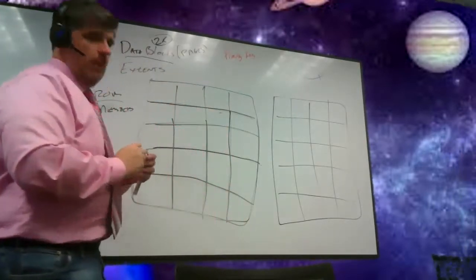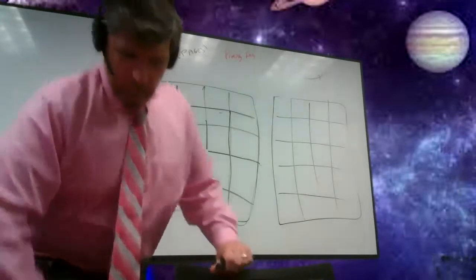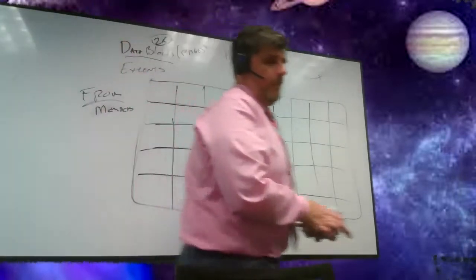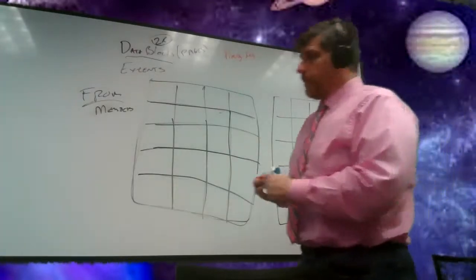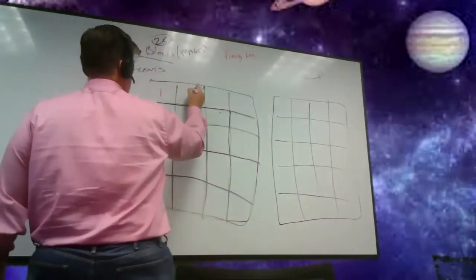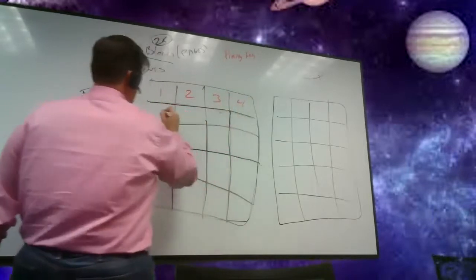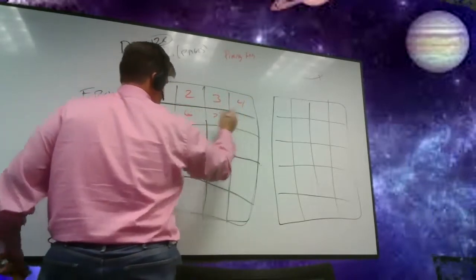Again, remember when we started talking, we had the red table, the blue table, and the green table. On our initial loads, the red table wrote row 1, row 2, row 3, row 4, row 5, 6, 7, 8.